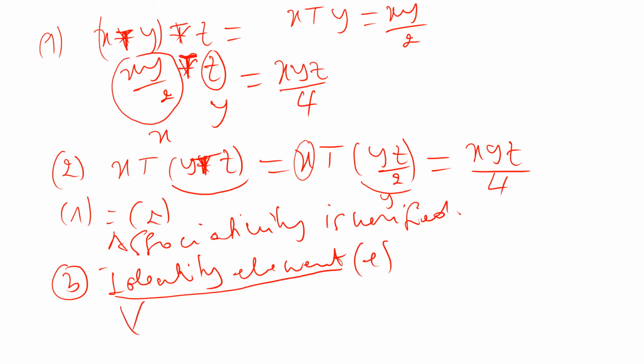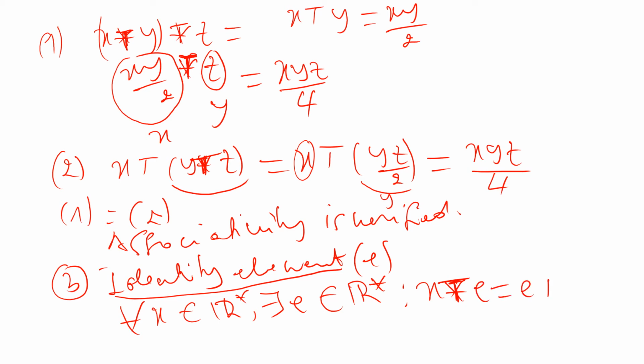For all x member of R star, there exists e, which is a member of R star, such that x T e is equal to e T x, which gives x.